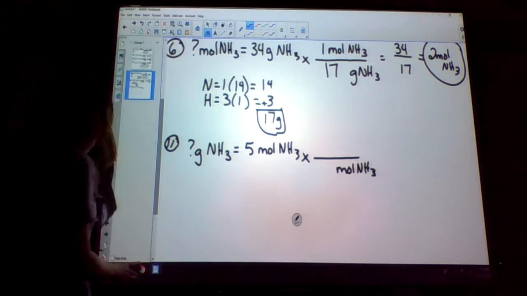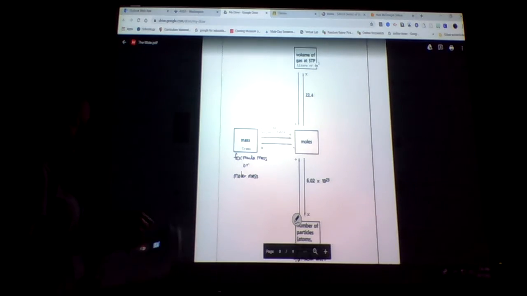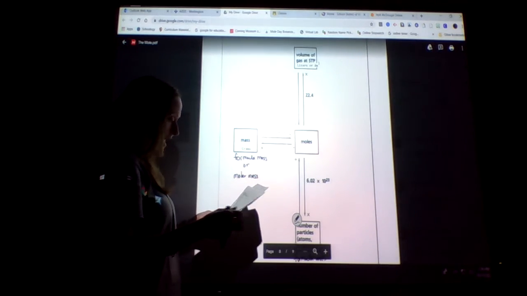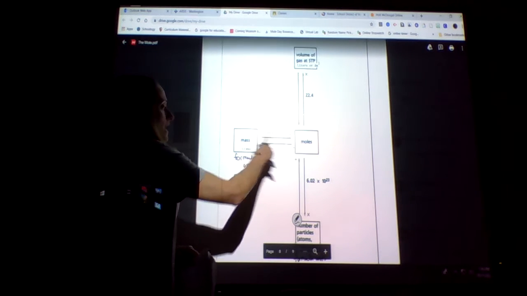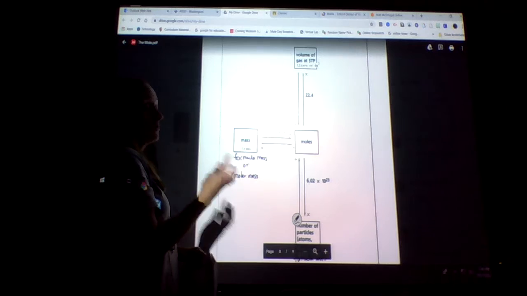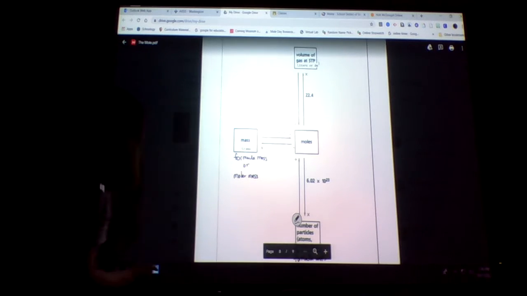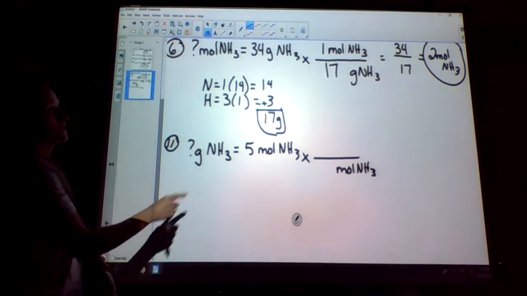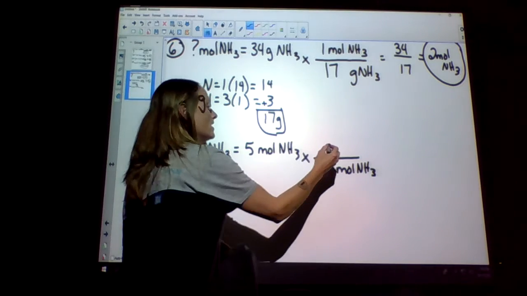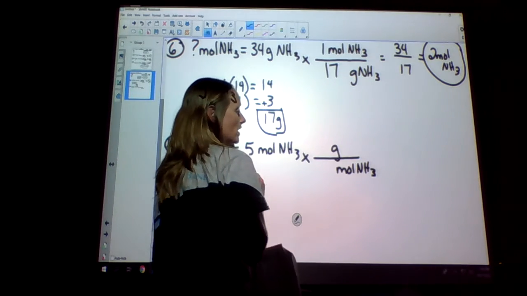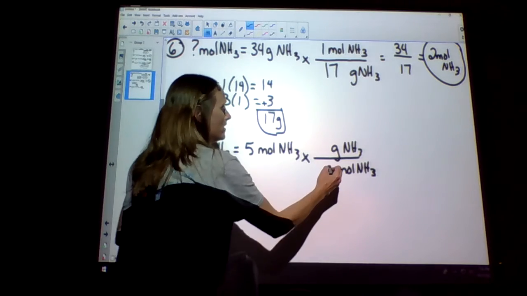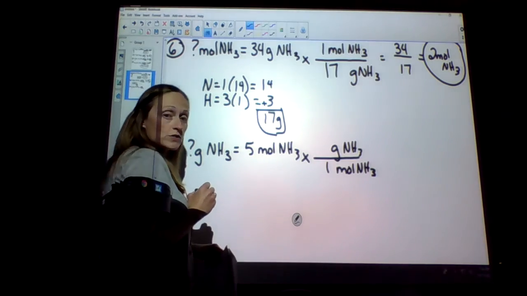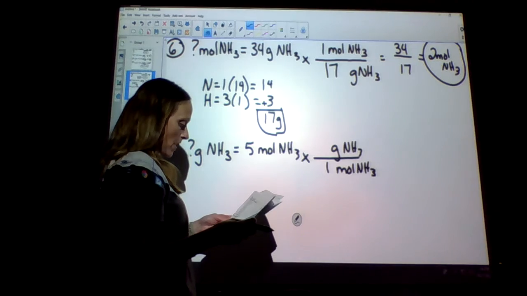And we go to our mole diagram. And so we're starting at moles and we're going to grams. So this time we should end up multiplying by our number of grams. Last time we divided. Okay, so since we're going to grams, grams will go in the top. And yes, that looks like we're going to be multiplying. 1 will always go with our number of moles here.